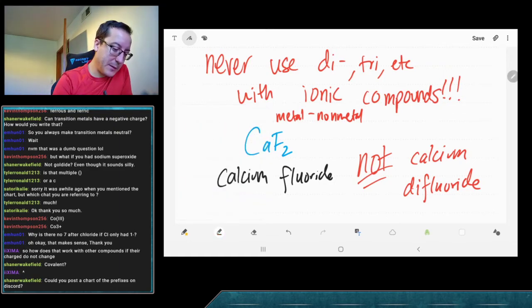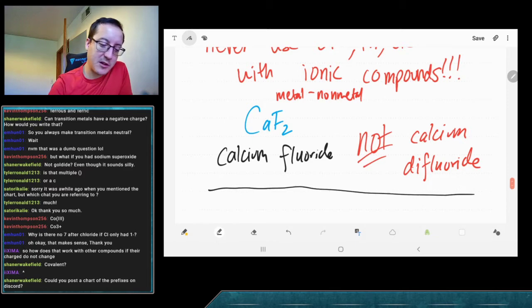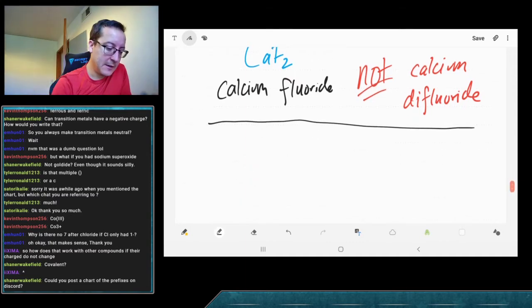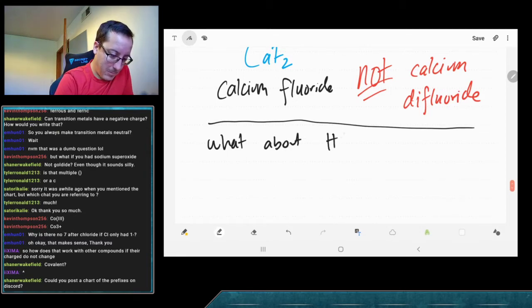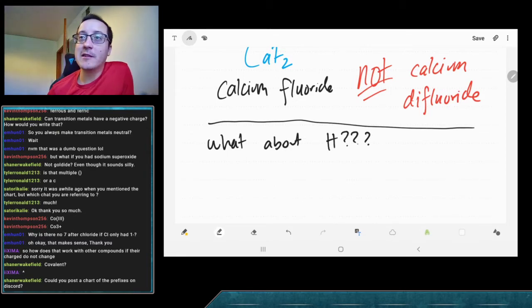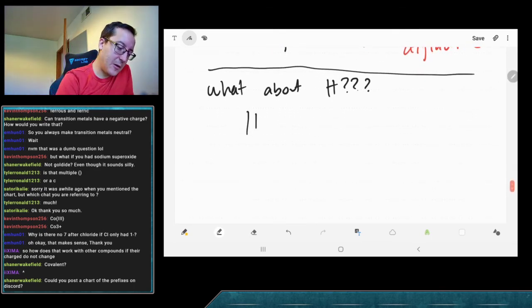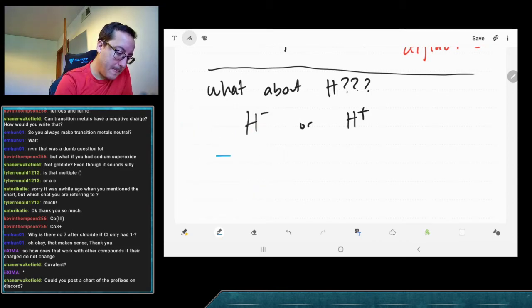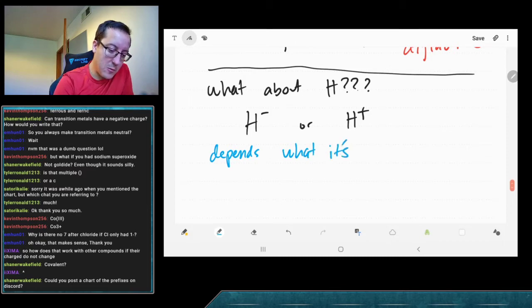Since we just have a few minutes, I have to kind of zoom through the last part just to have it out there. We can finish practicing it on Monday, or Tuesday rather, but I gotta get this going. I have avoided one particular element so far, and that is hydrogen. Hydrogen can either be H minus or H plus. And you'll know based on what it's with.